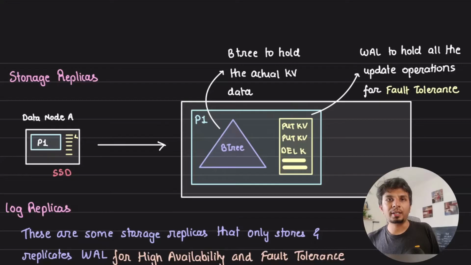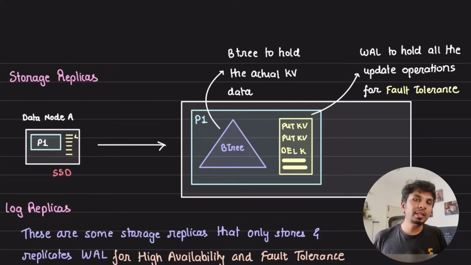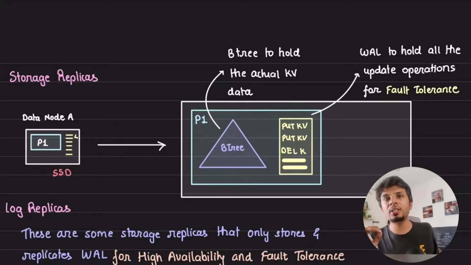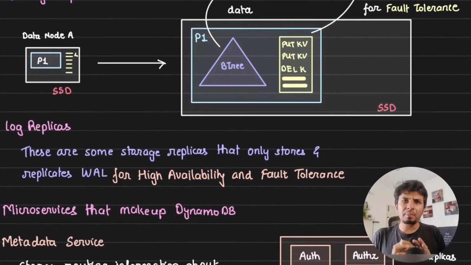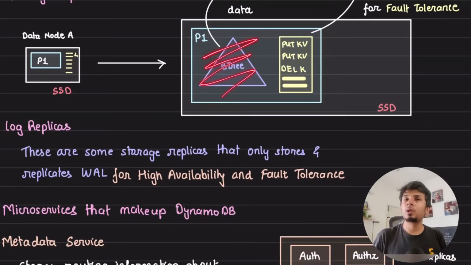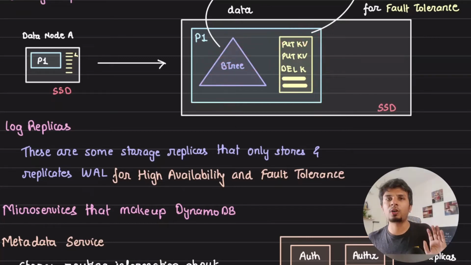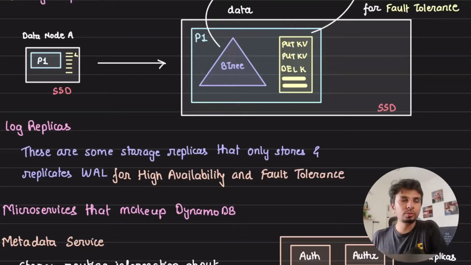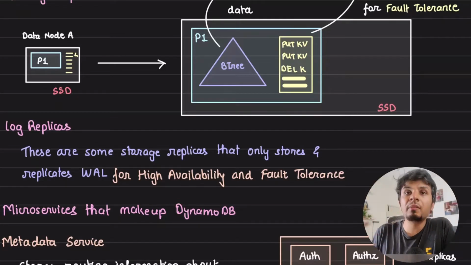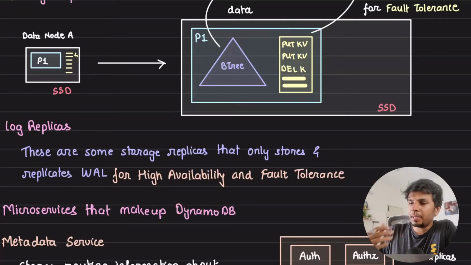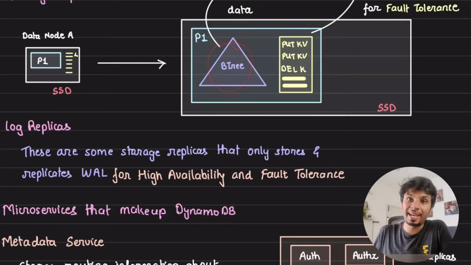So each storage replica looks something like this. Then in DynamoDB, there is also something called a log replica. Log replicas are storage replicas without the data. A log replica only contains the write-ahead log file. It's typically there to help you recover quickly. Recovering from data failure takes time, especially when you are recovering the actual data.